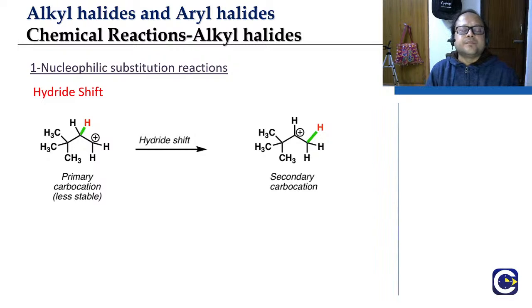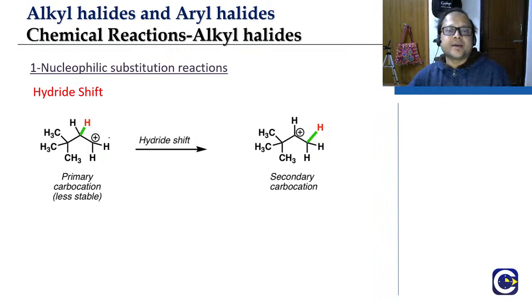Now, a very important aspect is the rearrangement reaction, especially taking place whenever a carbocation is involved, because in the SN1 mechanism, a carbocation is formed, right? So you think about a particular product, but you end up getting something else. To understand that, what we have got is the hydride shift, and there is something called the methyl shift, right?